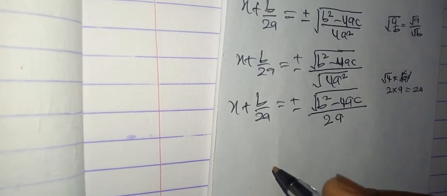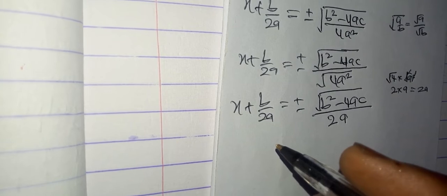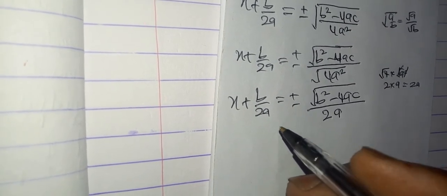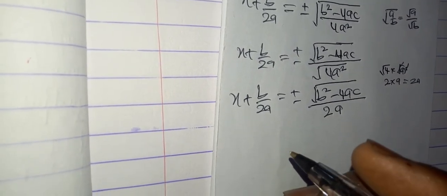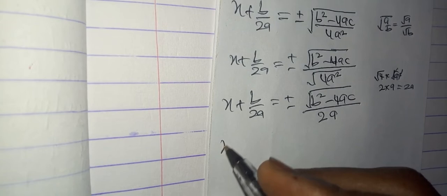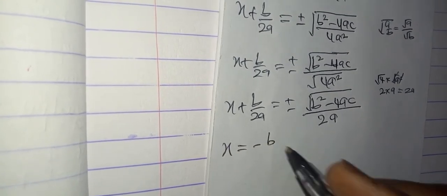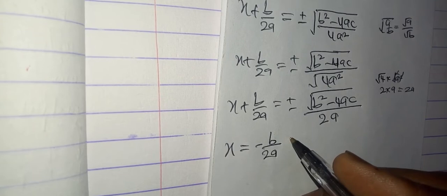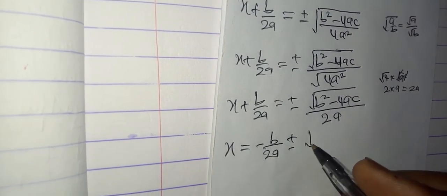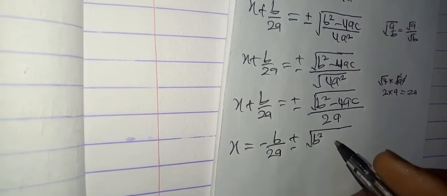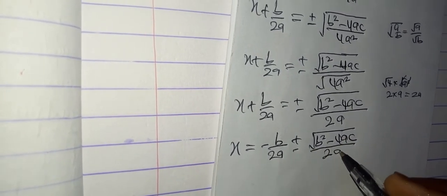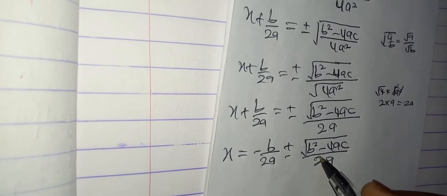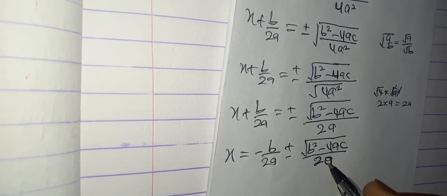So I'm going to have, because I'm making s the subject, I have to manipulate this so that b over 2a will move across the equal to sign, and we know it will become negative. So I'm going to have s equals minus b over 2a plus or minus square root of b squared minus 4ac over 2a. My a looks like a 9. Let me write it well. So 2a, like this.